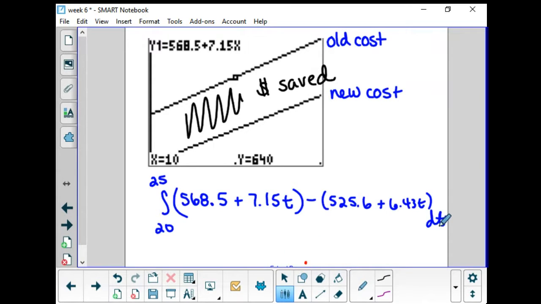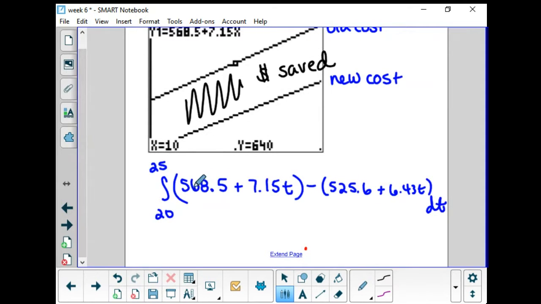And the DT is just our little, hey, yeah, it's calculus. Okay, so top function, bottom function, and the difference between them is going to be money saved.